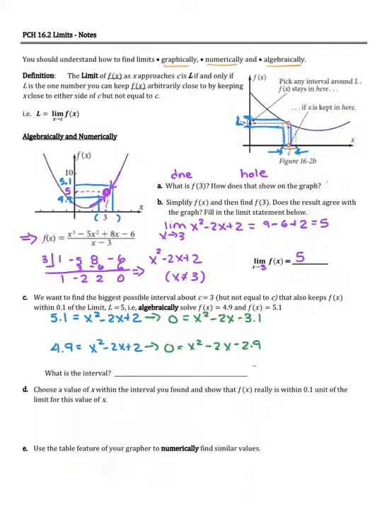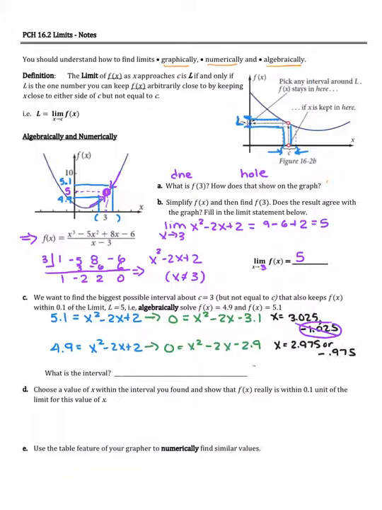What the quad program gives us is two different values. For the 5.1, I've got x equals 3.025, and it also gives us negative 1.025. The second one is not around 3, and we're trying to find an interval around 3, so we throw out the other answer. And for the 4.9, when we do the quad program, it gives us x equals 2.975 or negative 0.975.